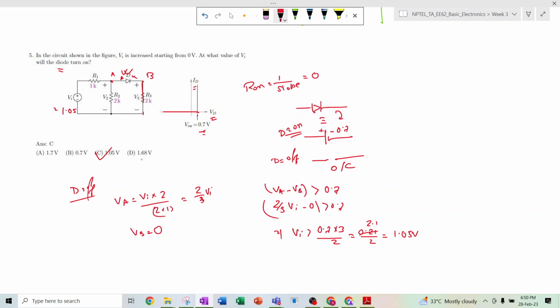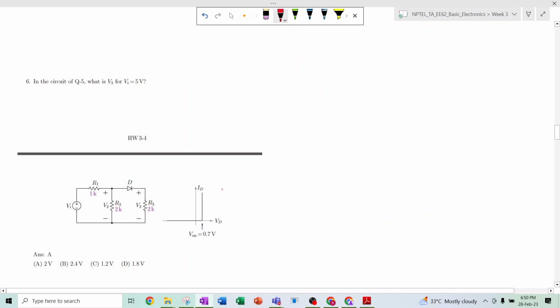We consider the diode to be off at first, and then we find out the potential across the diode. What is the anode potential and what is the cathode potential? Now to turn on the diode, the anode potential minus cathode potential should be greater than the cut-in voltage, right? So Va minus Vb is 0.7 volt, and from there we get the value of Vi, which is nothing but 1.05 volt. Okay.